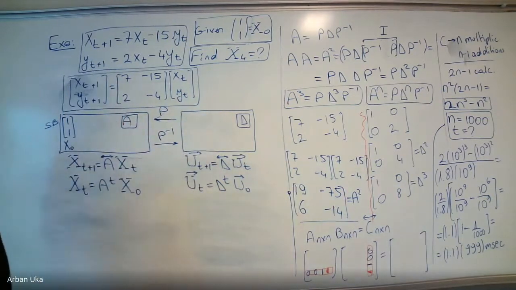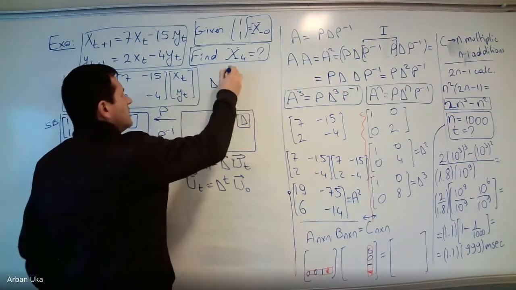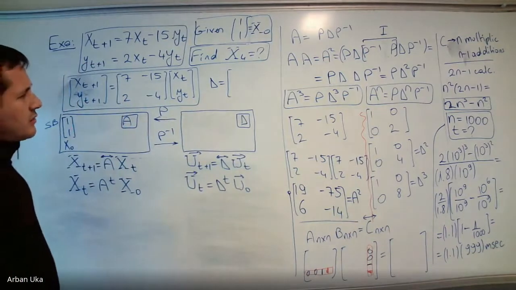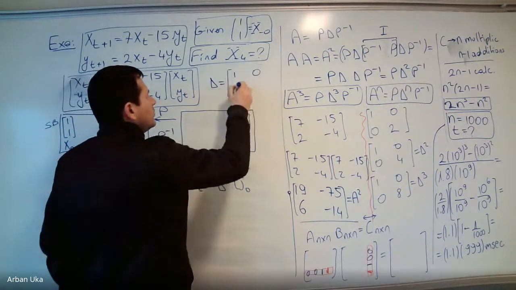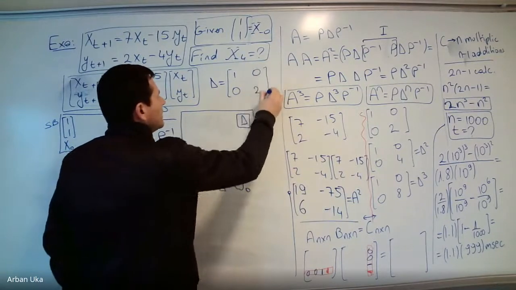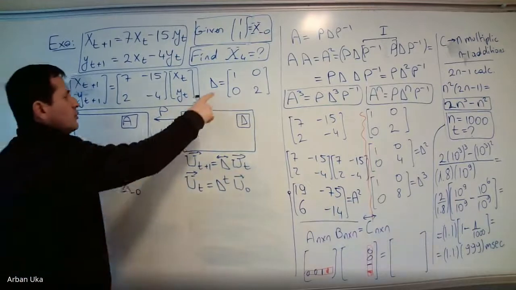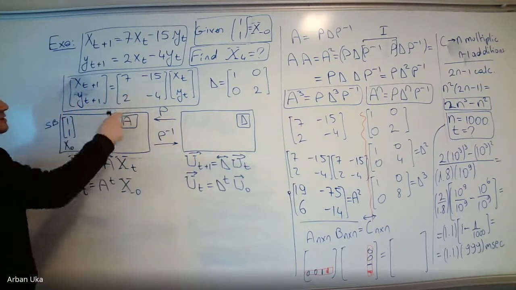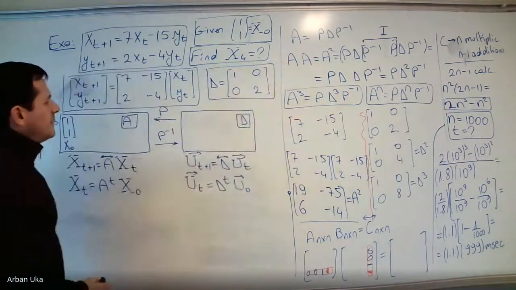Well, the first thing that we need to know is, in the new basis, what is D? If we solve this system, we have solved this one in the previous session, we will find out that matrix D will be represented as what we have written a while ago, because 1 and 2 are the eigenvalues of this matrix A. This is the matrix A. So the D is right here.